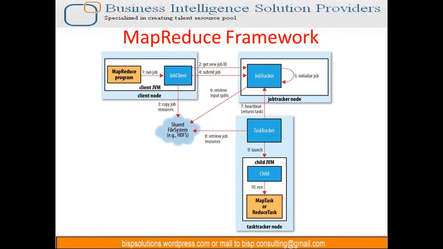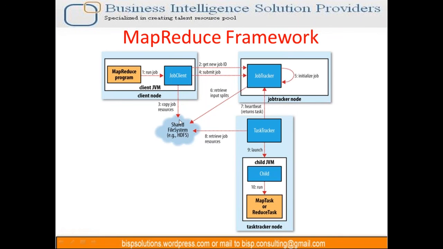But the mapper program will not read the data as physical blocks. Your mapper program will read it as one input split. So there is a marginal difference between one block of data and one input split. What is that? We'll discuss in the next few minutes.